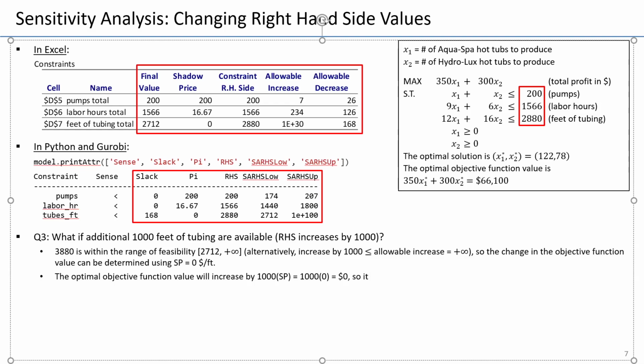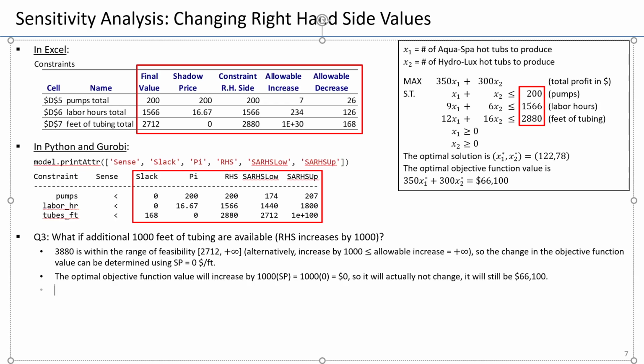So it will actually not change, right? The optimal objective function value will still be 66,100, right?